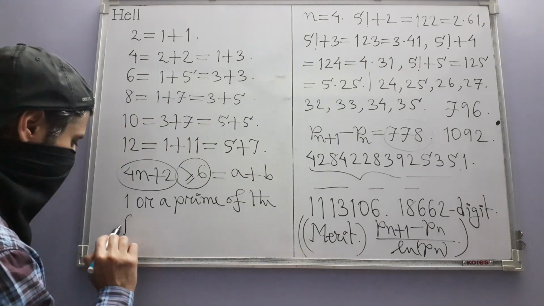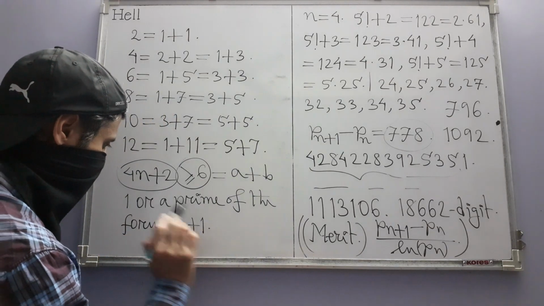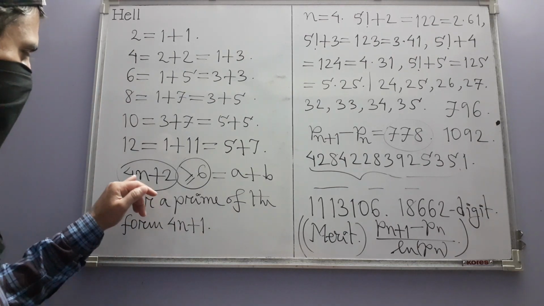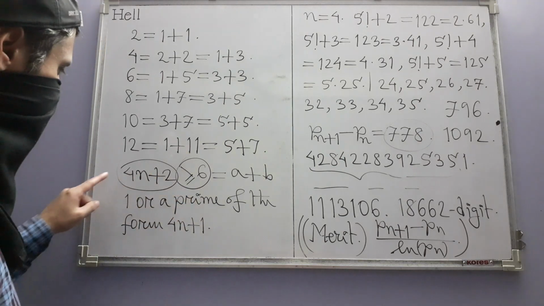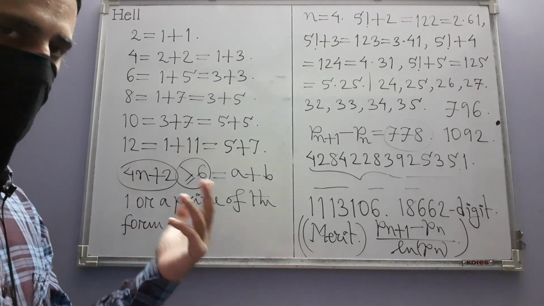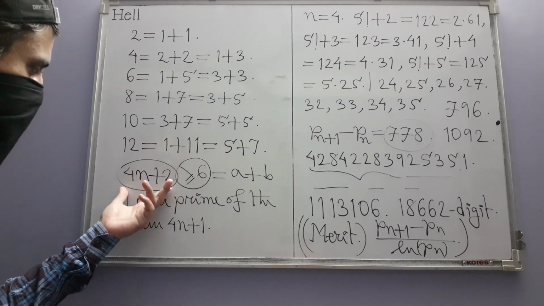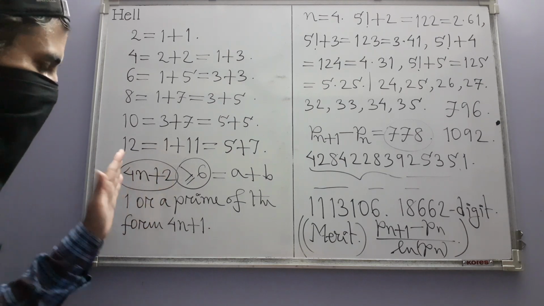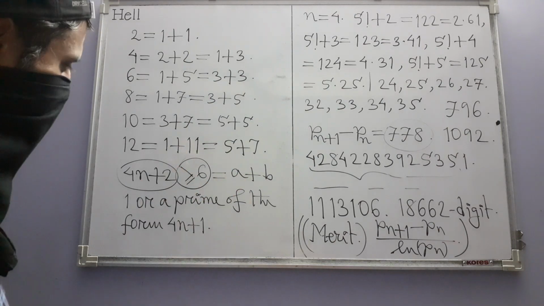of the form 4n plus 1. Even integers are not all of them of this form, of course. Some of them are divisible by 4 also. Here we are talking about those even integers which, when you divide by 4, give you the remainder 2.